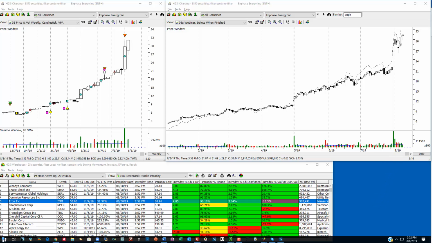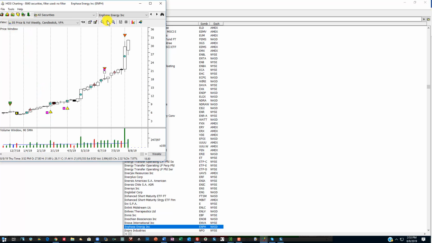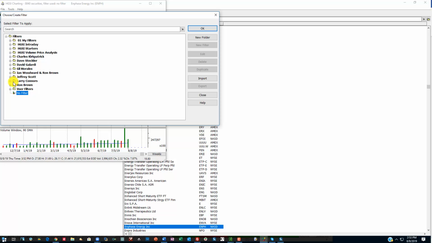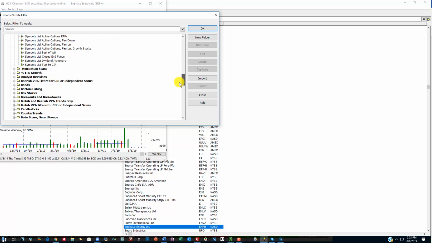Now I'm going to go back on ENPH and do this out of sequence while I'm talking about it, just so I don't forget. What I'm going to do is bring that designer back up, and I am going to go into my filters, into my GIR filters.